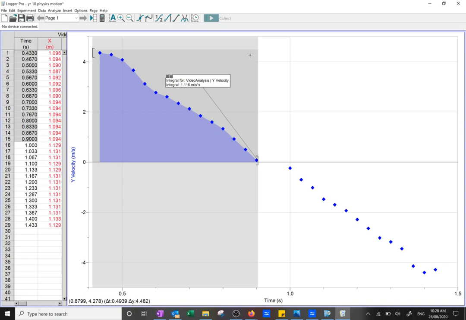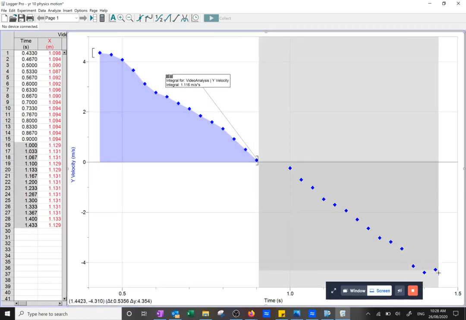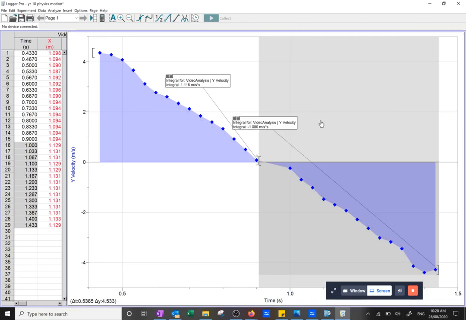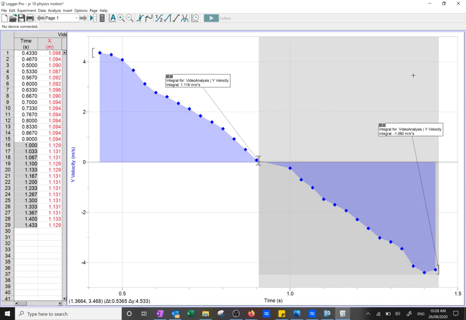Now, we said that this is the return journey when it came back to my hand. What do you think the area under this is? Negative 1.1. Well, let's just check. If I highlight from 0 down to here and do the same button, close enough. Negative 1.1, to the nearest 2 centimeters, that's pretty accurate.